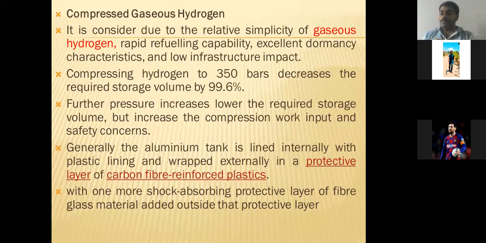So for storing hydrogen in the automobile sector, they prepare tanks with aluminum. But there is always one particular problem for hydrogen storage in aluminum containers or tanks: it is going to react with the aluminum material. So what to do now? We need to prepare things in such a way that it should not react with the aluminum material.